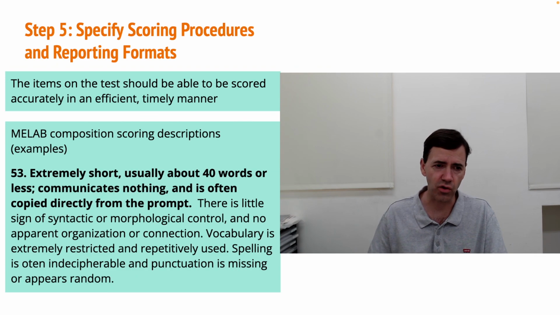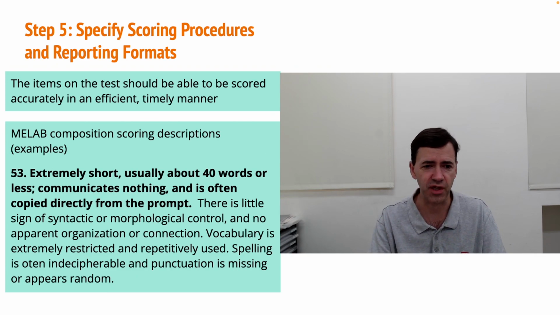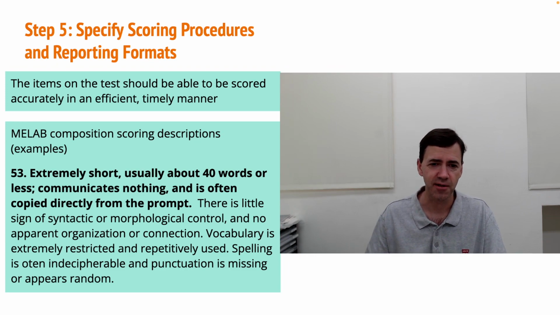And then the very lowest one that they show in the book is 53. So extremely short, usually about 40 words or less, communicates nothing, and is often copied directly from the prompt. So basically, someone that gives this type of response is not able to write in English, and they just copied the prompt again and maybe added a couple of words.